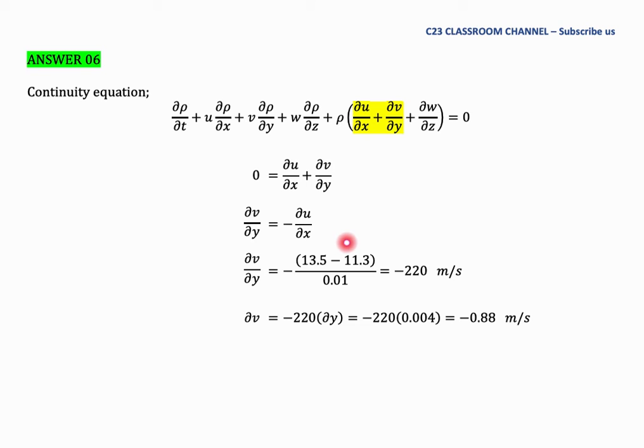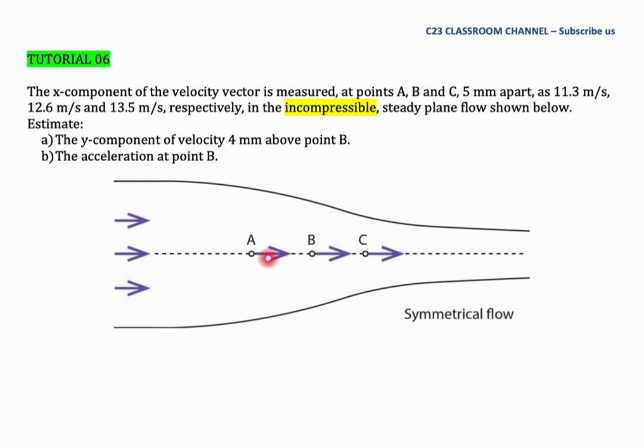Then to calculate del v over del y, we could use the velocity given in the question. Usually in this condition, we have 3 points here, we will use the points A and C. So we have A as 11.3 and C as 13.5, because it makes our calculation more accurate to use the values between these two points.